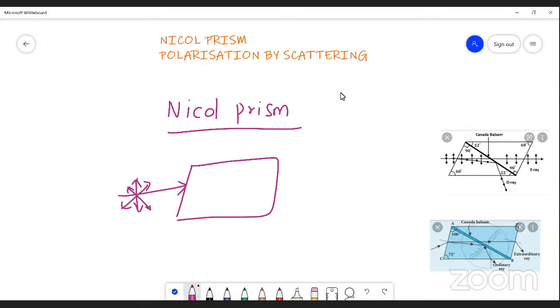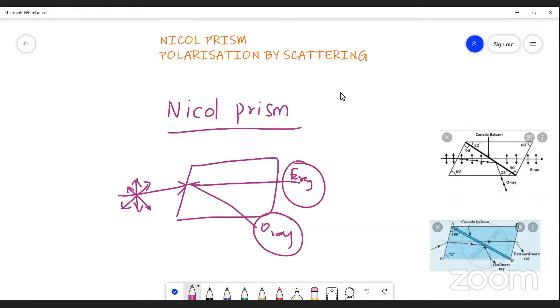One is the ordinary ray, another one is the extraordinary ray. The two images are like two images of a single object on the basis of double refraction.